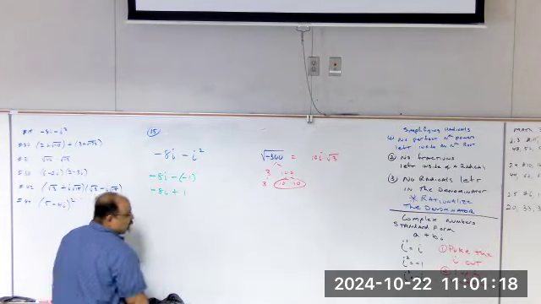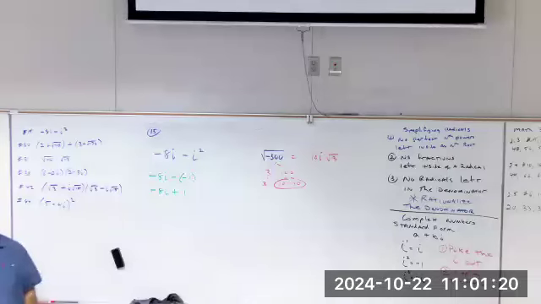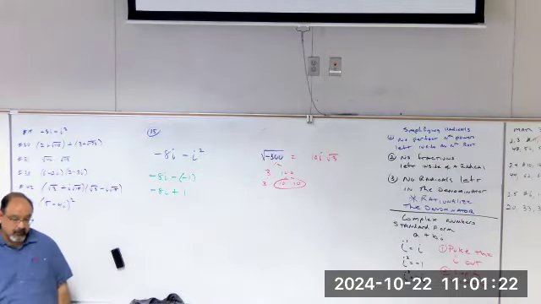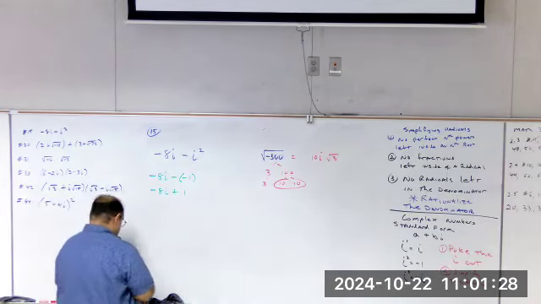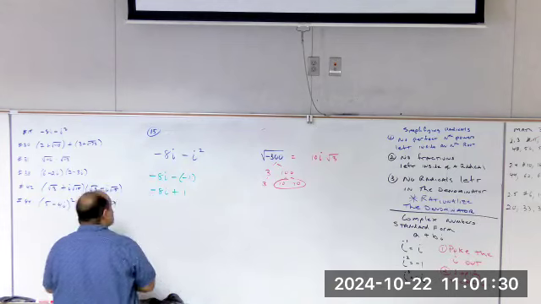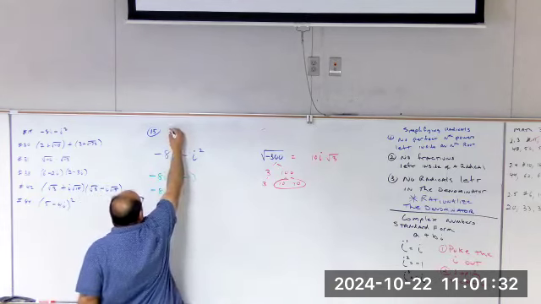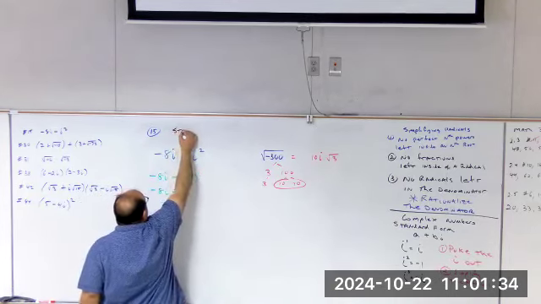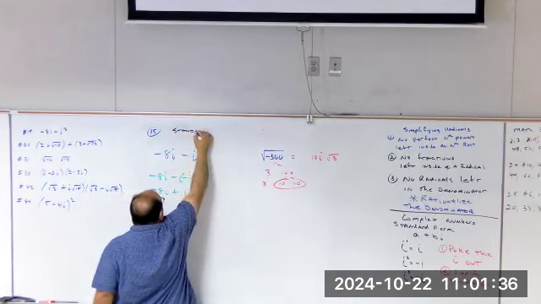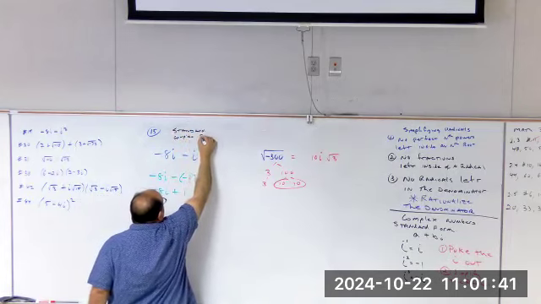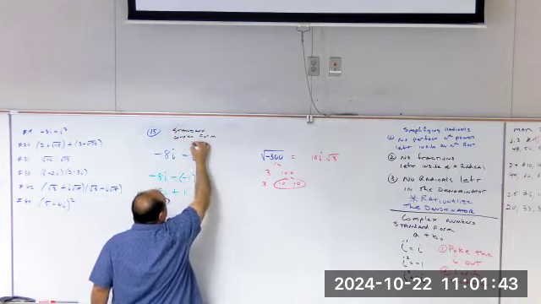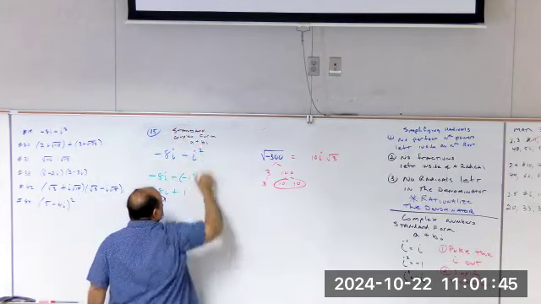Plus 1. If you leave it like that, it is not going to be full credit, because the directions mandate, stipulate, tell you they want the answer in standard complex form. And that's going to mean they want it a plus bi.